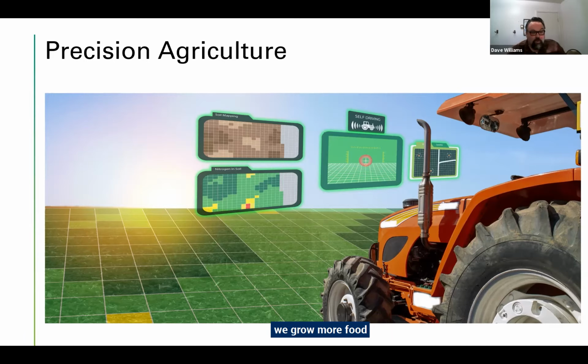In other words, we grow more food within a given area. We have less runoff, right? So we don't over apply fertilizers leading to algal blooms in the water. And so we have more profits for farmers.